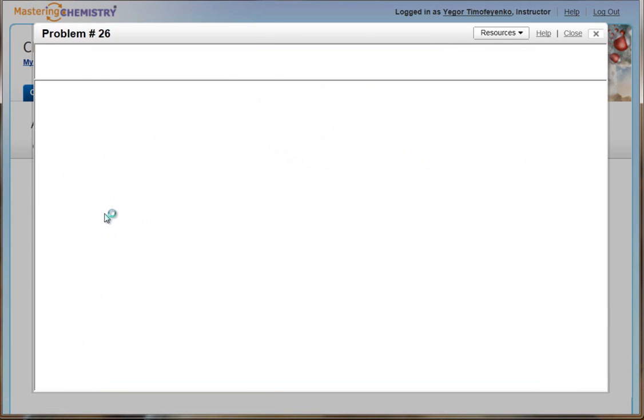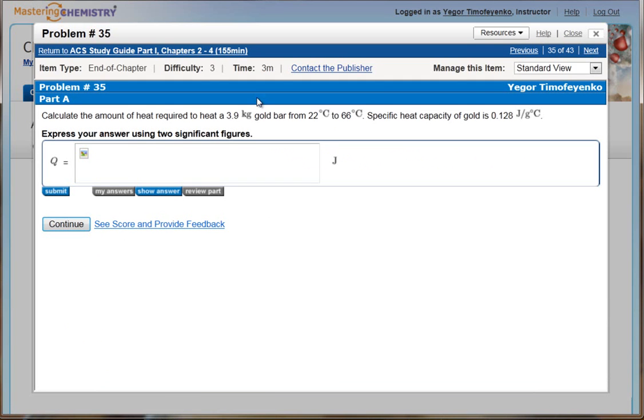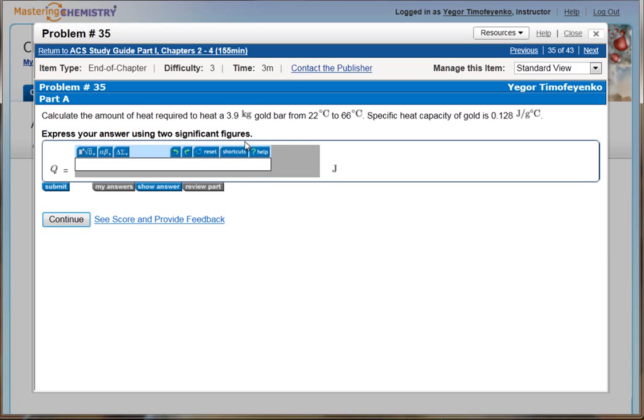Randomly pick number 35. So we're solving problem number 35, part A. There's only one part. Calculate the amount of heat. Heat is the unknown, that's the asked.